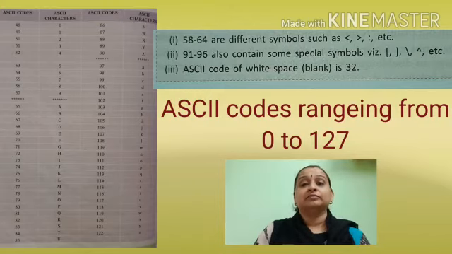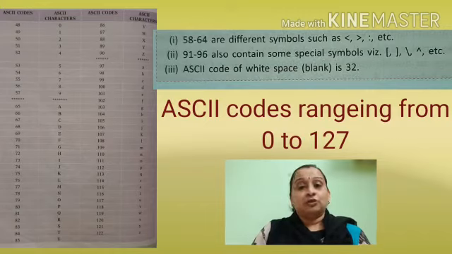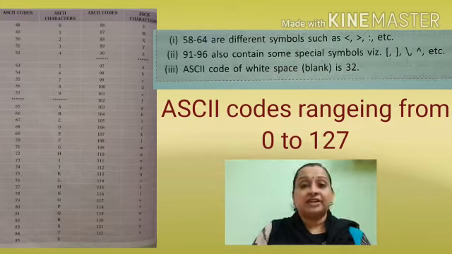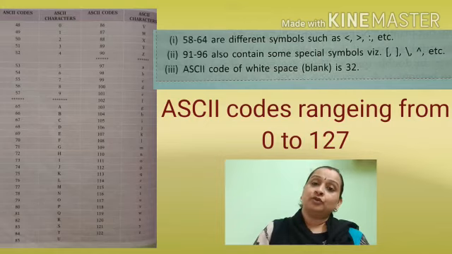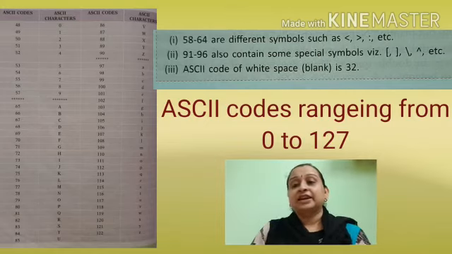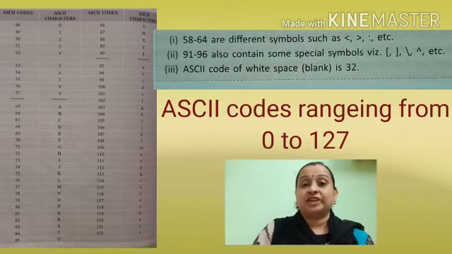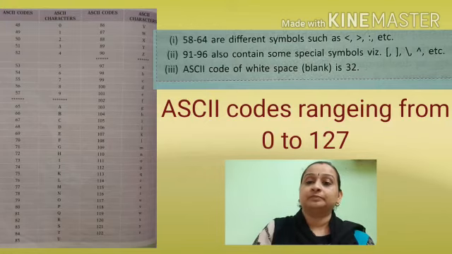Then comes the lowercase. So lowercase a to z has the ASCII code from 97 to 122. As well as there are some symbols like greater than, less than, colon. So these have an ASCII code range from 58 to 64.